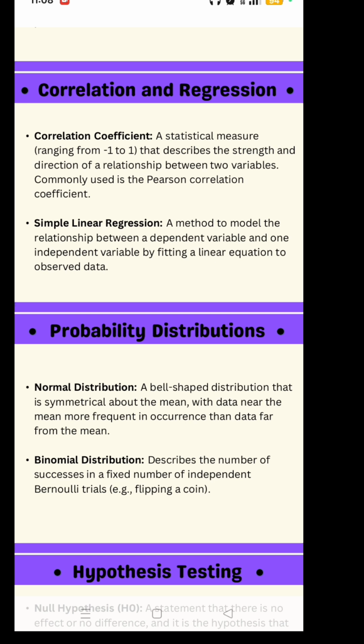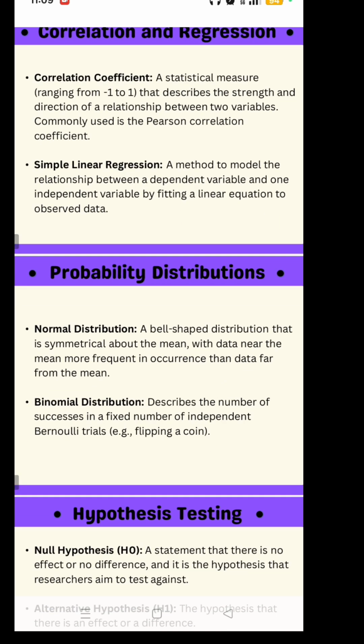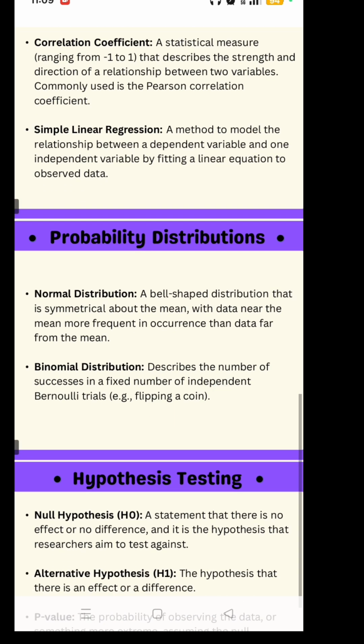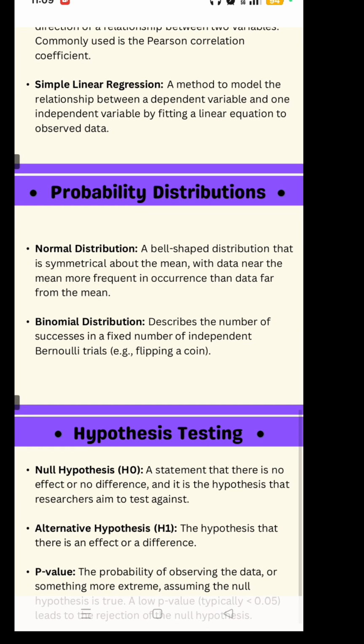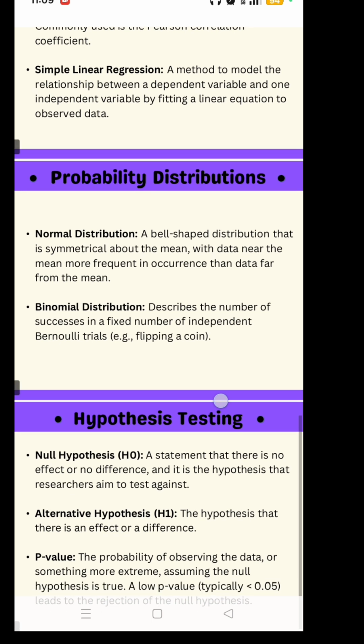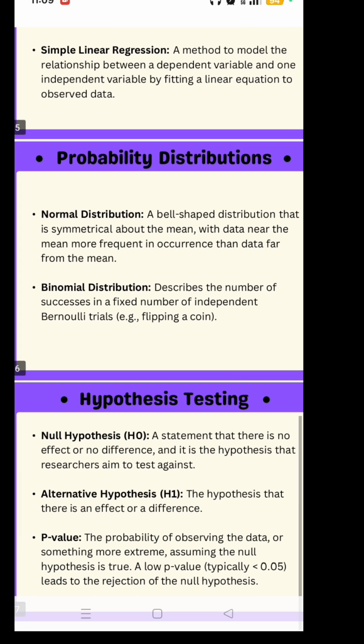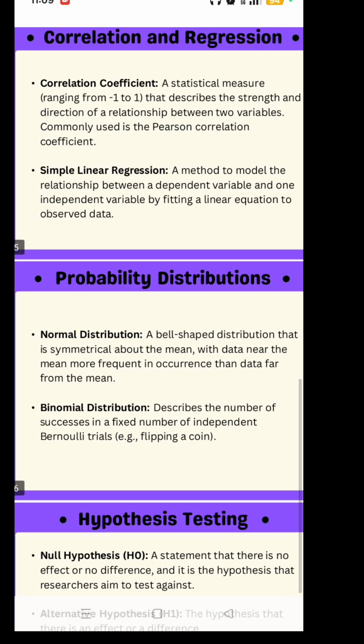Commonly used is the Pearson correlation coefficient. Next, simple linear regression, a method to model the relationship between a dependent variable and an independent variable by fitting a linear equation to the observed data. This gives the form of the relationship between the two variables.